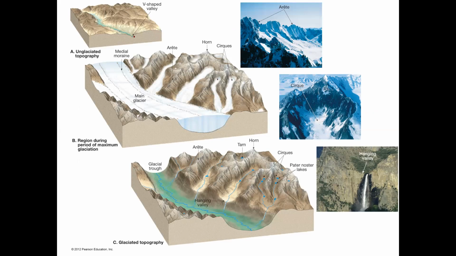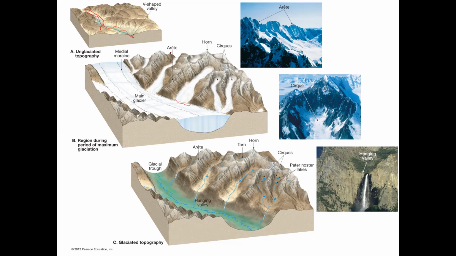You can see they just have these deep V-shaped valleys from the stream channels. But when it's glaciated, the glaciers now form in all these stream channels, these stream valleys. And they transformed the V-shaped valleys into these broad, deep U-shaped valleys.